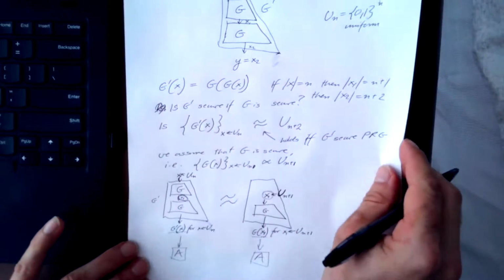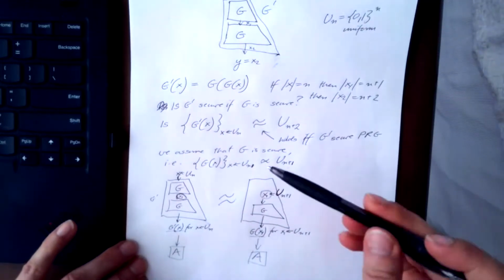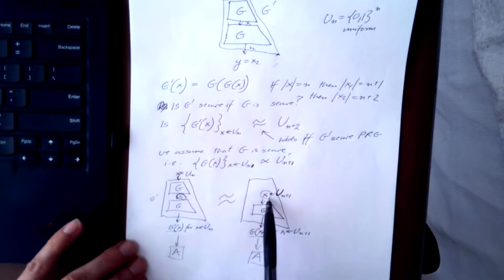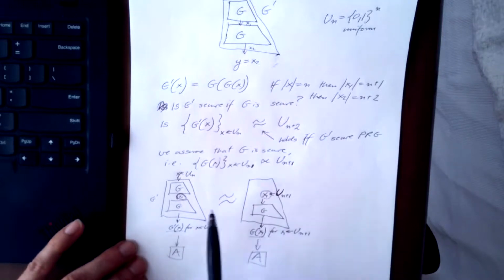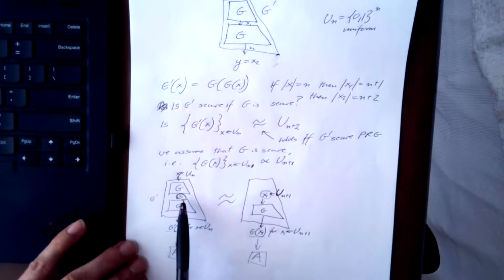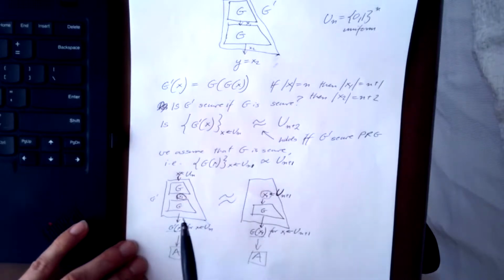Because this reduction, given a value x1, and the reduction doesn't know whether it comes from this distribution or from this one, just runs G on whatever x1 it gets and gives it to A. If x1 was distributed like these values, then that procedure is going to hit this distribution.